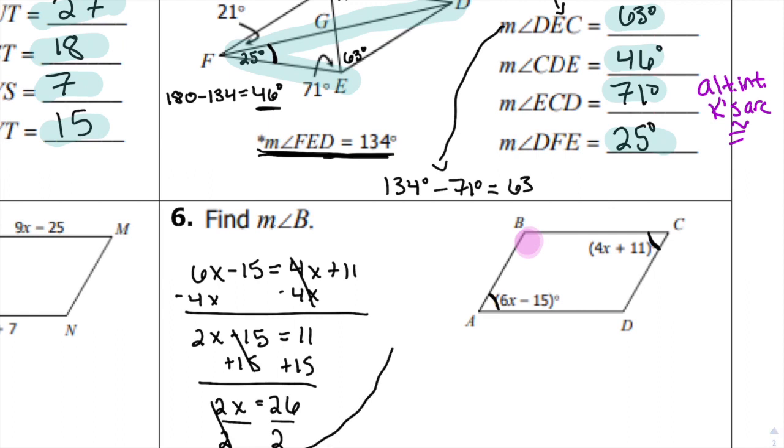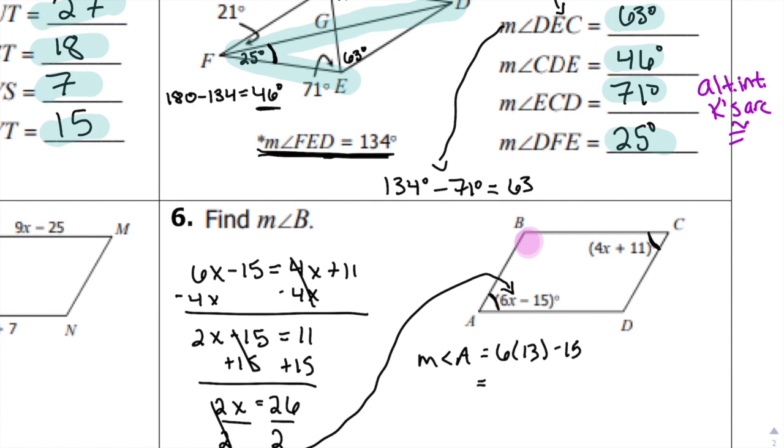So x is 13, which is good to know, but it doesn't give us an angle. So now we want to use x is 13 to find the measure of angle A. You could use it to find the measure of angle C. I don't know why I chose A. I think I just wanted to, but you could have done this with angle C as well. So what we're going to do is find the measure of angle A by plugging in 13 for x. So that is 6 times 13 minus 15.